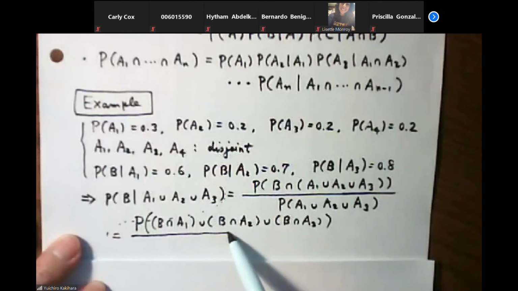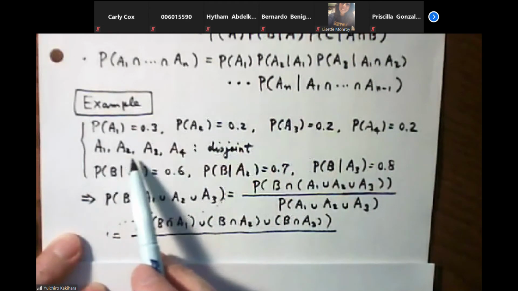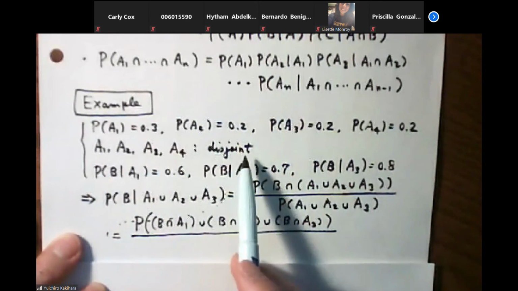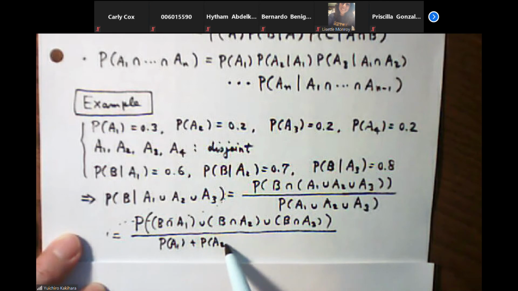What about the denominator? We have an assumption that these events are disjoint. So this probability is the sum of each probability: P of A1 plus P of A2 plus P of A3, because they are disjoint.